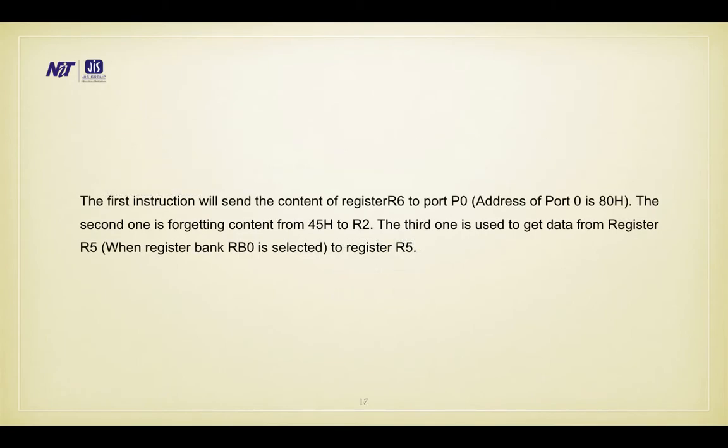The first instruction will send the content of register R6 to port 0, whose address is 80H. Therefore, 80H indicates the address of port 0. The second one is for getting content from 45H to register 2.